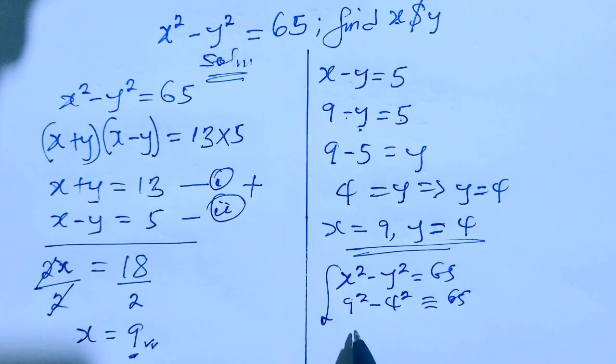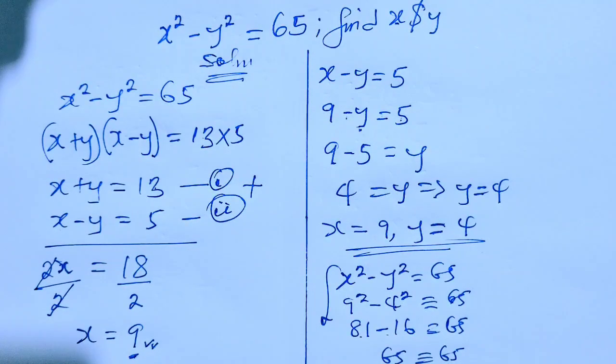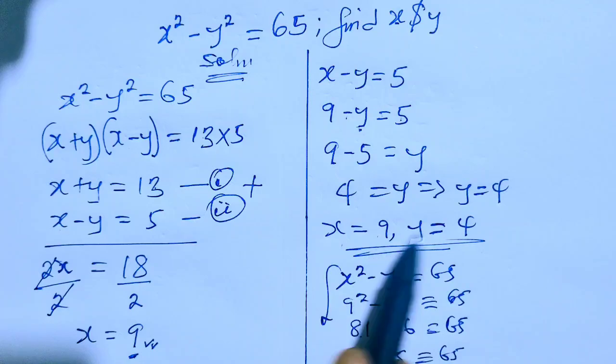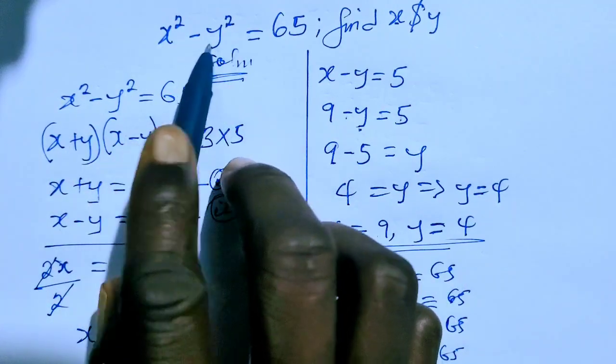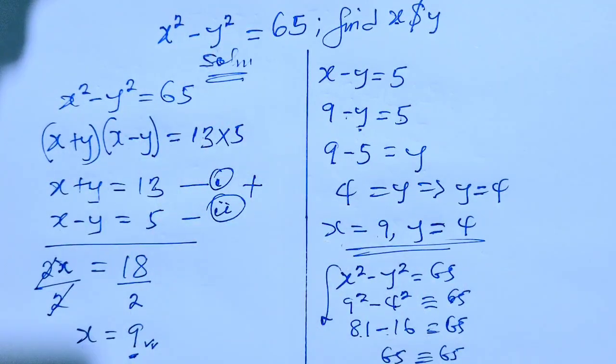Then 9 squared gives us 81, minus 4 squared gives us 16, equals 65. Then 81 minus 16 gives us 65, and this equals the right hand side. This implies that our values here are correct, and these are the values that satisfy the given equation.